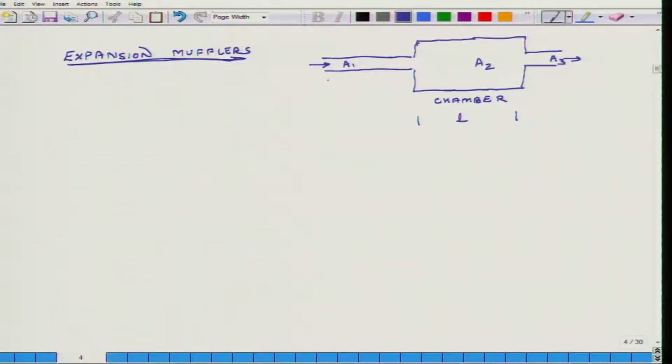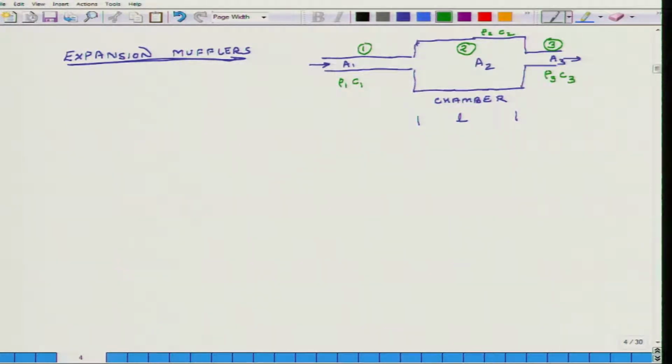So, let us call these portions region 1, this is region 2 and this is region 3. So, in region 1 we have density and velocity of sound as rho 1 C1, in region 2 we have rho 2 C2, and in region 3 it is rho 3 C3.